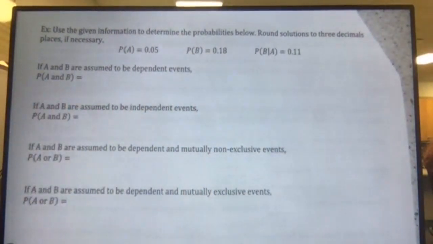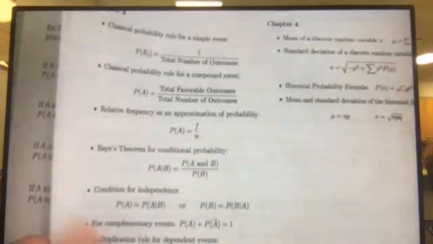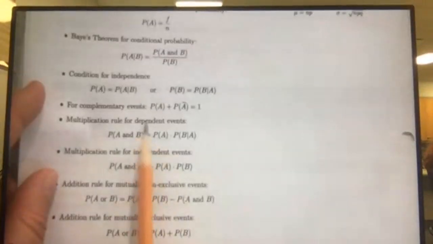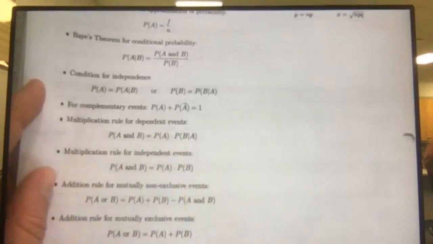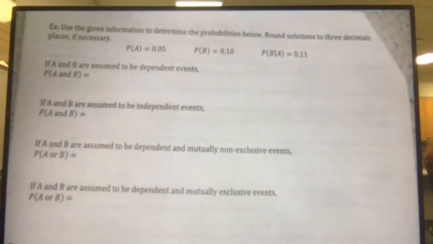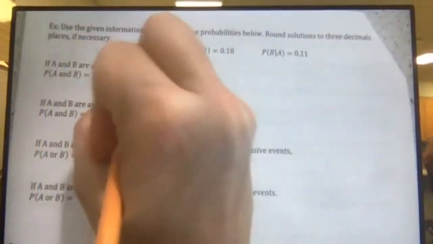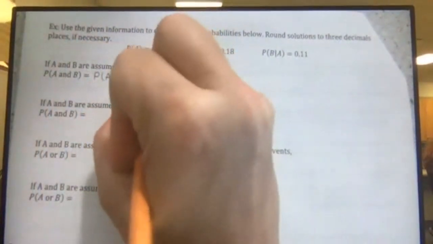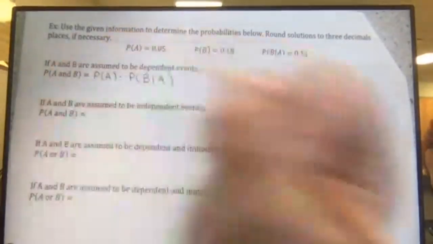So going to our formula sheet, probability of A and B for dependent events. Here's our formula. Probability of A times the probability of B given A. There's our formula. From our formula sheet that you have on the test. So it's going to be probability of A times the probability of B given A, which we already have these numbers.